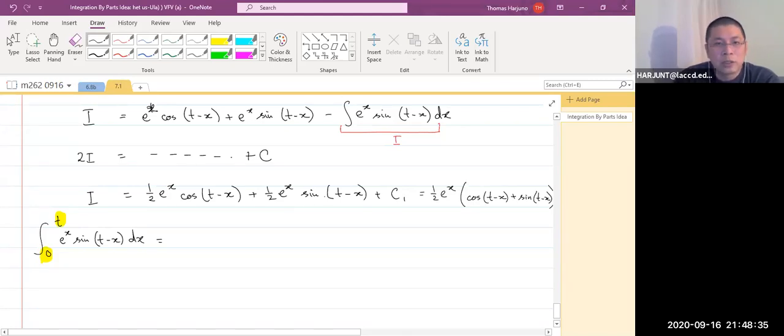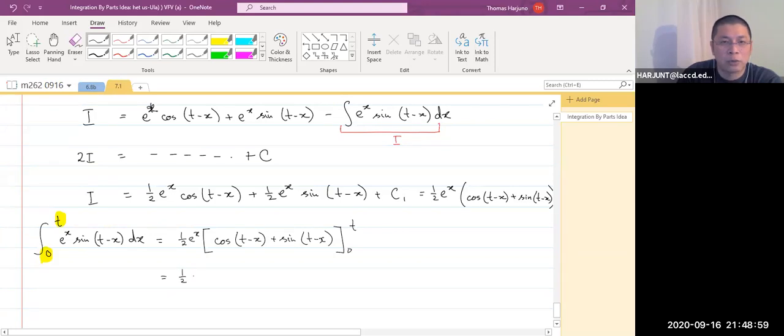So this is equal to 1/2 e to the x times cosine (t minus x) plus sine (t minus x), from 0 to t.